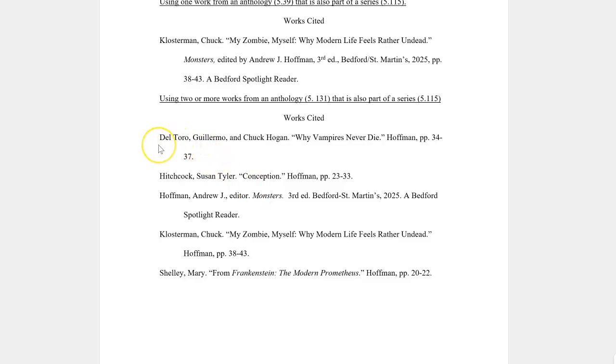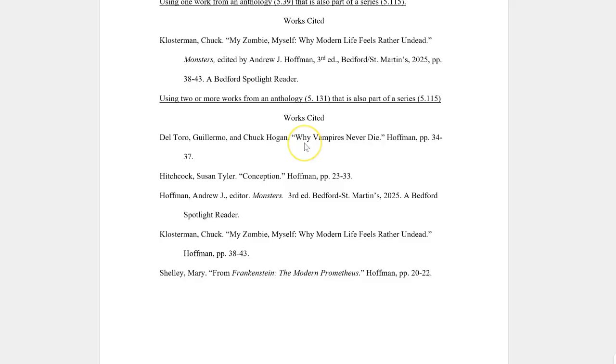In alphabetical order, this time through, we're looking at Del Toro, comma, Guillermo, comma, and Chuck Hogan, period. One of the reasons why I wanted to include this particular example was because we have two authors. Keep in mind that both authors are going to be listed, but only the first author is going to have the name inverted. Del Toro, Guillermo, and Chuck Hogan, period.